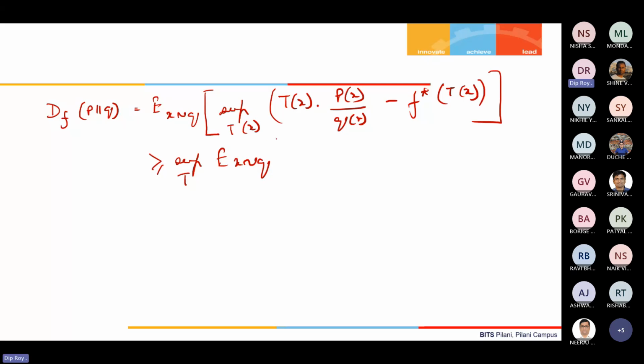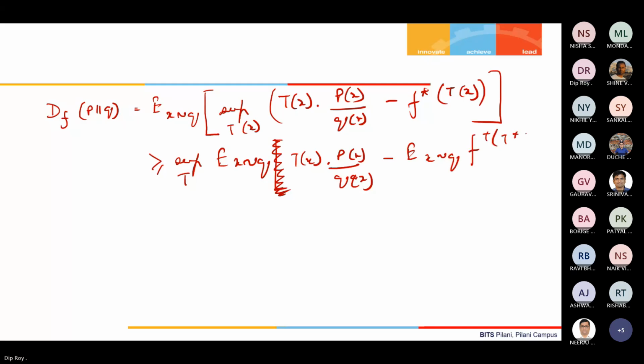And when you do it, this becomes p of x into t of x, and this is going to be minus expectation of x from q, f star of t of x.